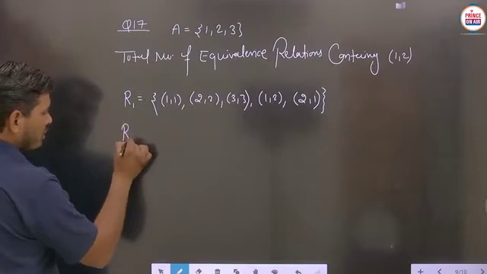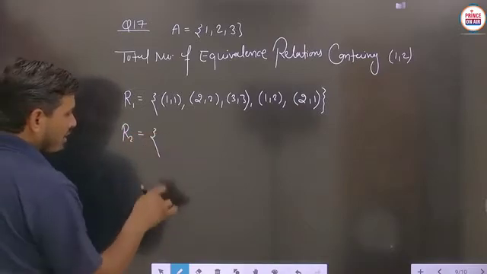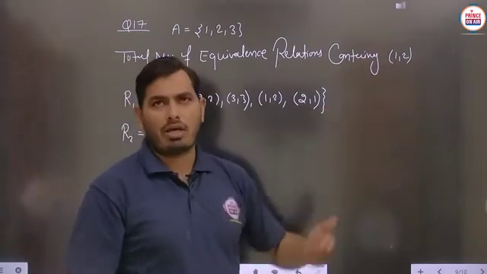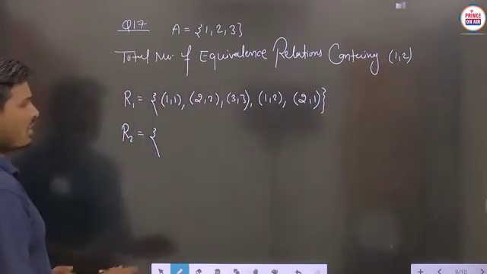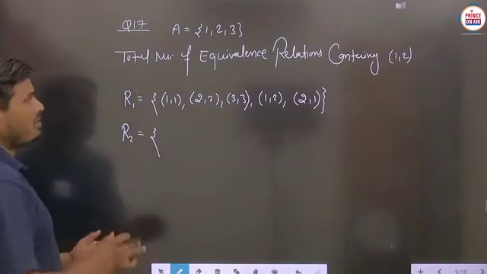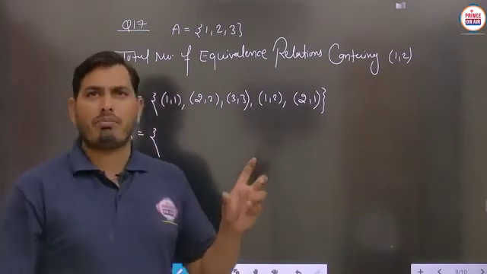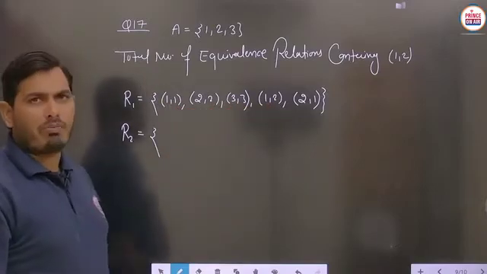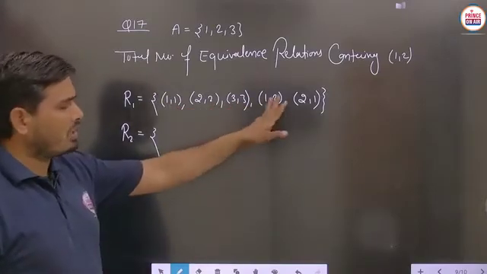Now we will make the second relation, and again the second relation should be equivalence and must contain this element 1 comma 2. So basically students, in A cross A generally we can say that a total of 9 ordered pairs are to be written here, out of which 3 plus 2, that is 5 ordered pairs, are already written in the relation R1.